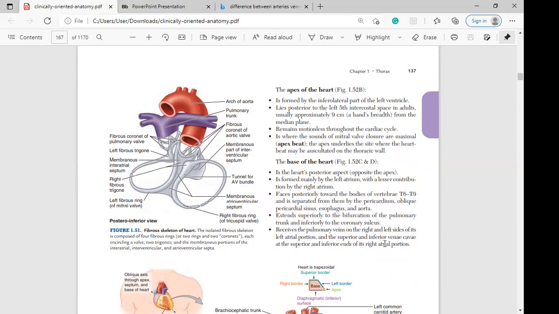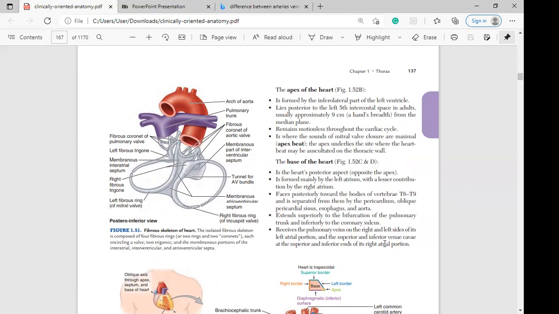Then the base, what forms the base of the heart? The left atrium, with a little contribution from the right atrium. Good. And what else do we have in that base? The bifurcation of the pulmonary trunk, and the coronary sulcus.